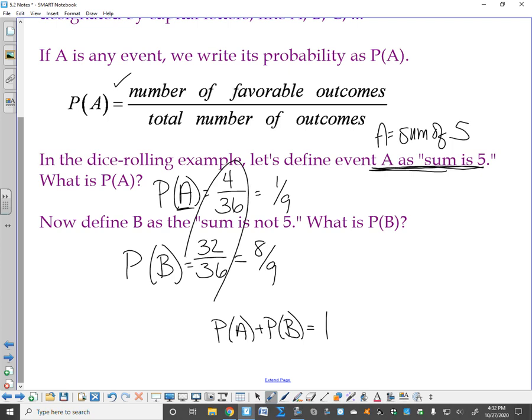You can look at it as 32 over 36 plus 4 over 36, or 1/9 plus 8/9. The probability is 1 because these two particular events use everybody one time in the sample space.